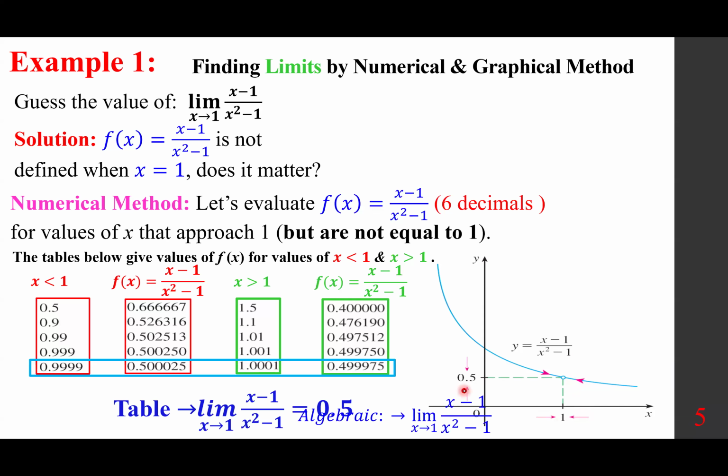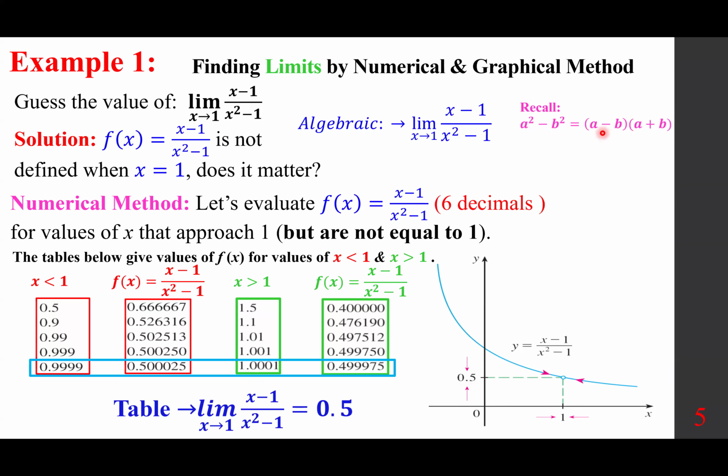But more importantly, you should be able to do it algebraically or analytically. And that's what I expect you to do for your exam, unless there's a specific question that asks you for a numerical method or a graphical method. So the methodology is this. If you plug in, you get 0 over 0. The technique is to factor. Notice the denominator is x squared minus 1, a squared minus b squared, which is a minus b times a plus b.